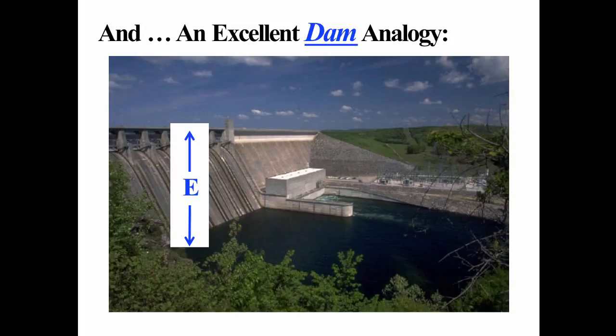So it's like the potential energy, which is higher as the dam is higher. Water is stored at a higher height, so it has more stored energy or more potential energy. So if we have a tall dam, it's a large electric potential by analogy, and if we had a low dam, wasn't as tall, it would have a lower electric potential.